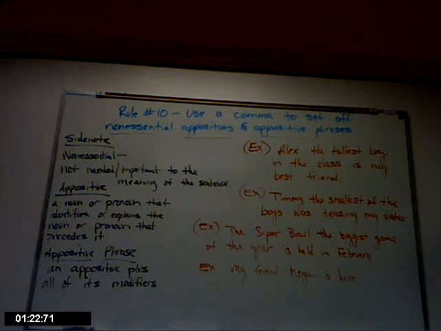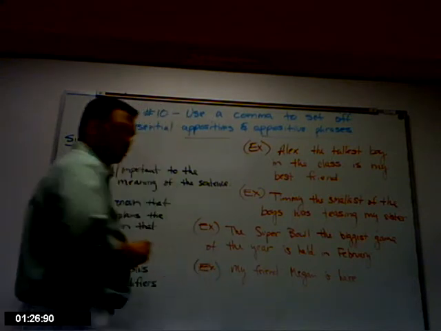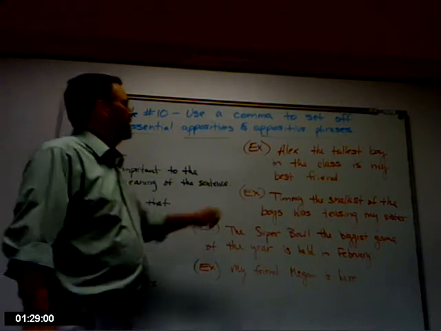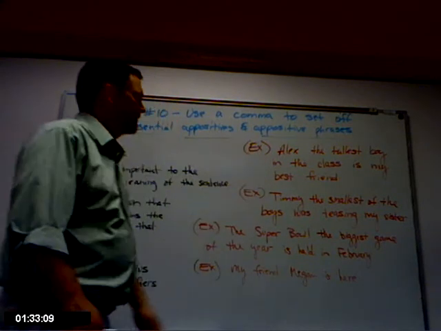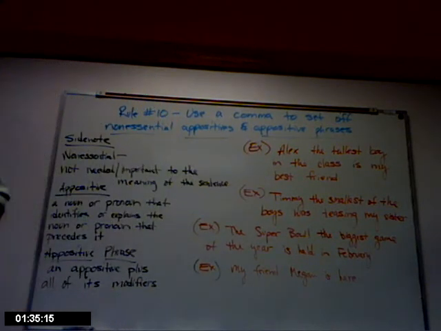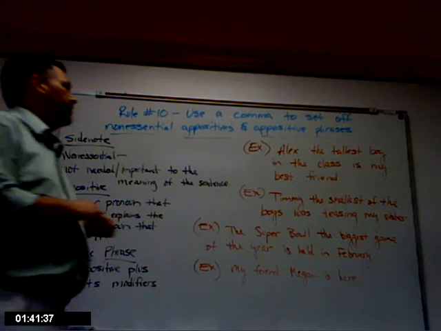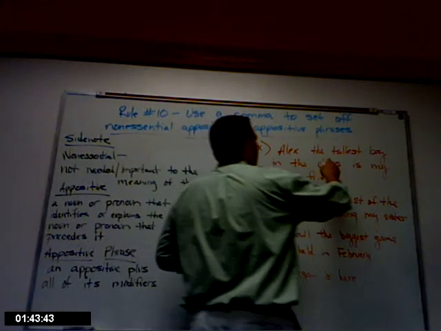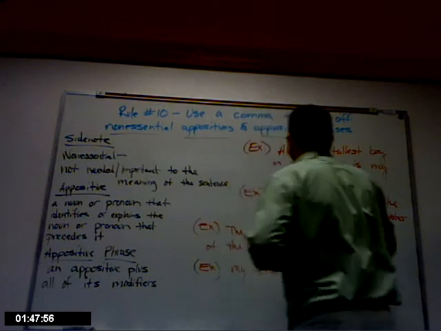Looking at the examples, we got 4 examples on the board. Hopefully this clears up some confusion. Example number 1 says, Alex, the tallest boy in my class, is my best friend. Okay, so what's an appositive? And what's an appositive phrase? Here's Alex, and Alex is our subject.